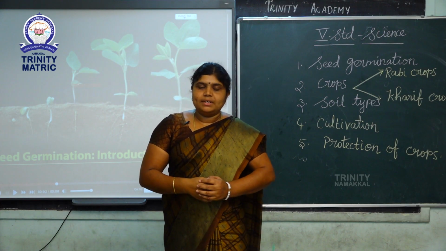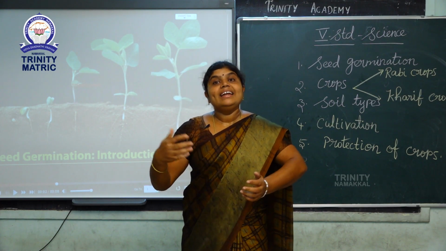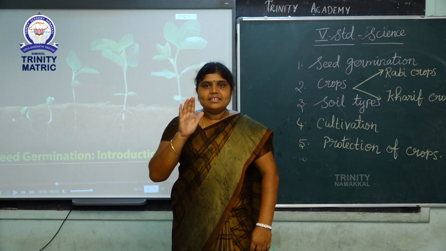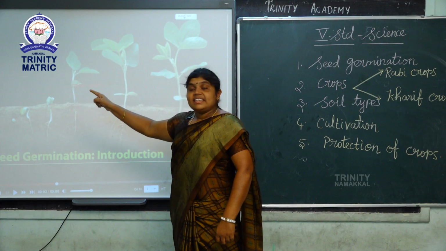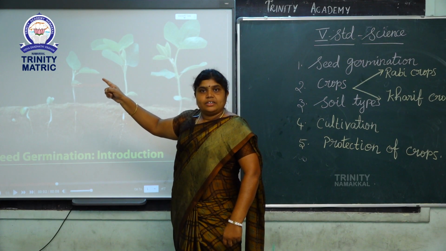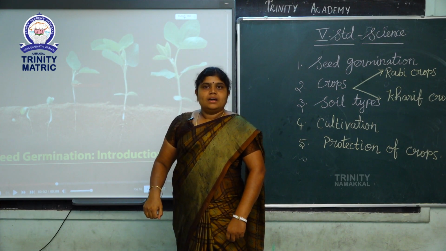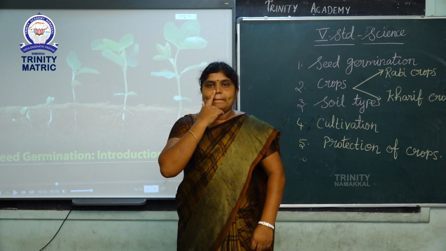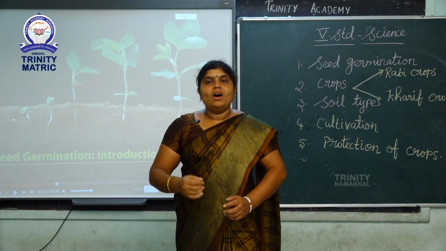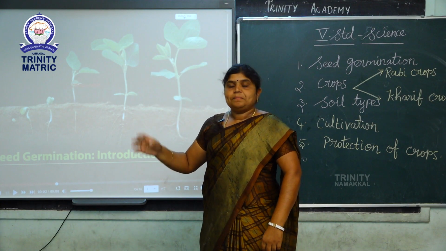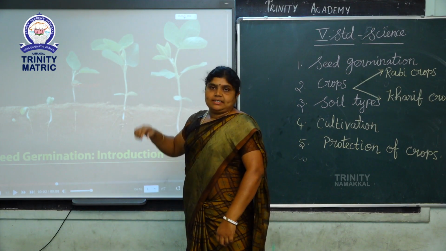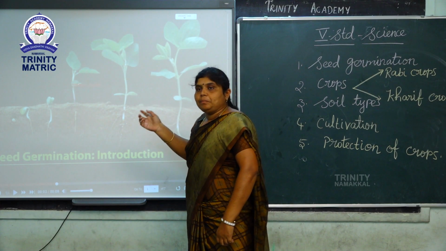For example, human beings need air, plants need air. Here, the seed needs air to breathe. And the third one is water. Water is very important. And the fourth one is sunlight. This is very important.